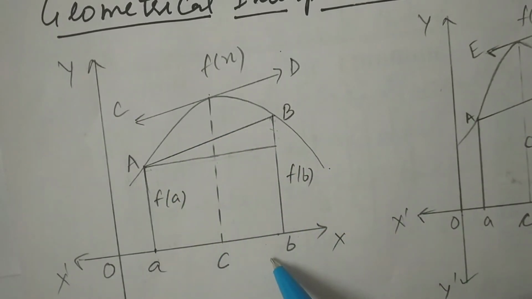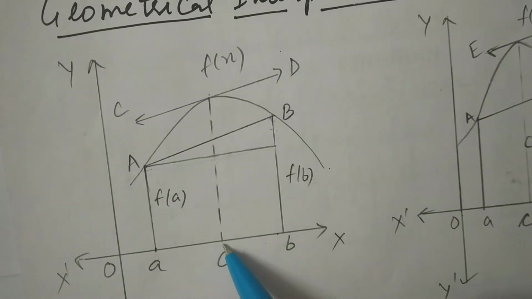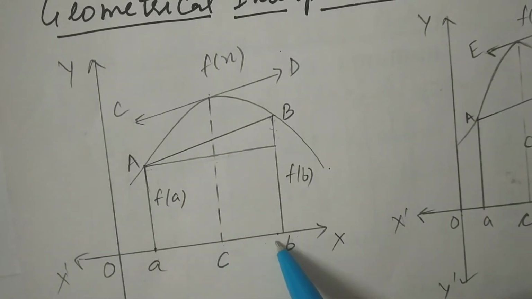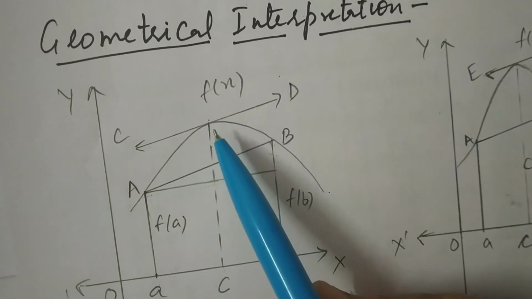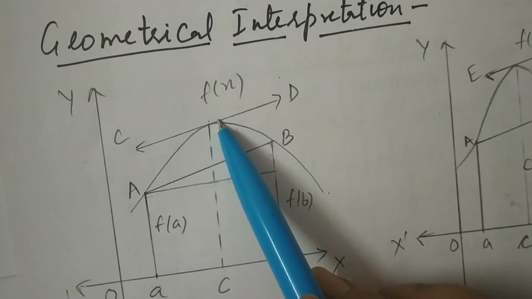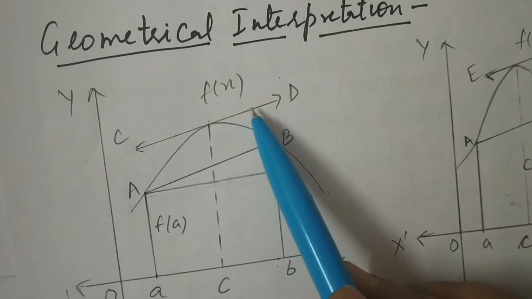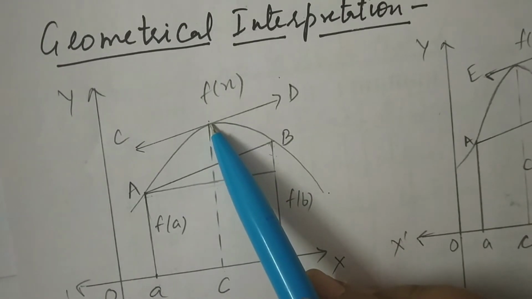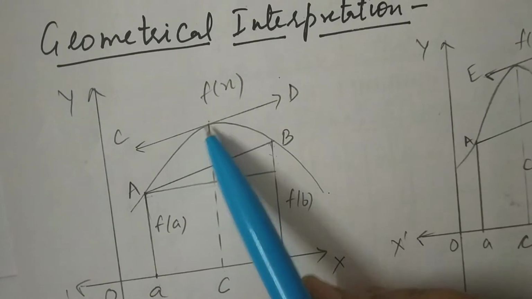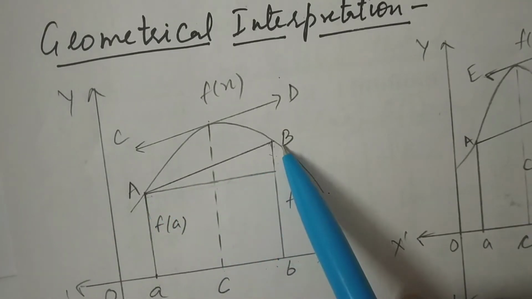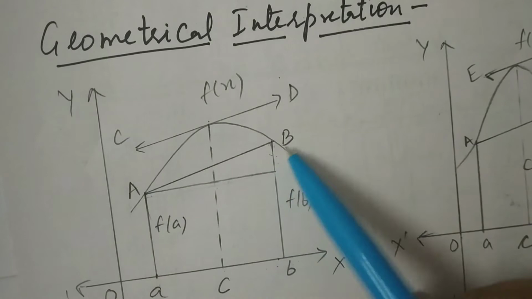For this function the point c lies inside the interval, for which f'(c), what is f'(c)? The slope of the curve at the point c. So the slope is equal to the slope of the line AB.